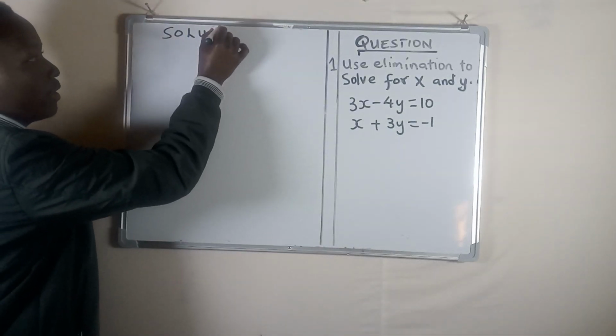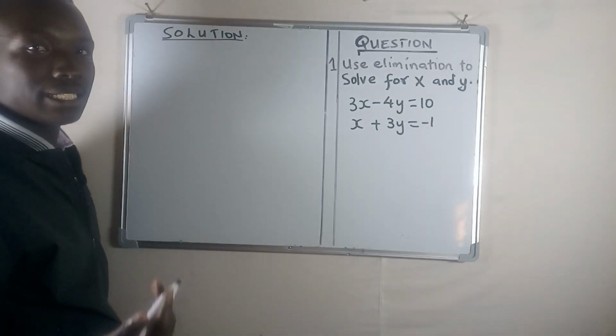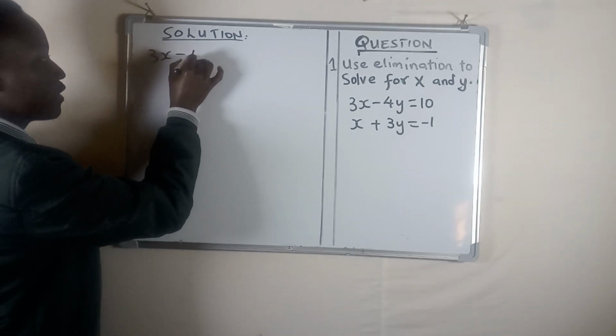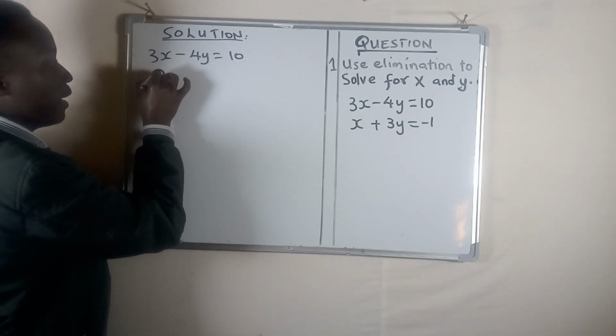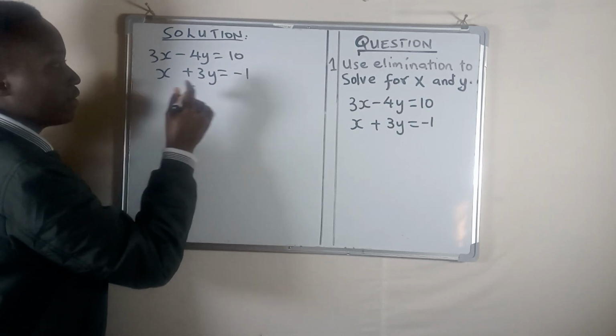So on this side, we can have solution, and we can rewrite our question again. 3x minus 4y is equal to 10, and we have x plus 3y is equal to -1.